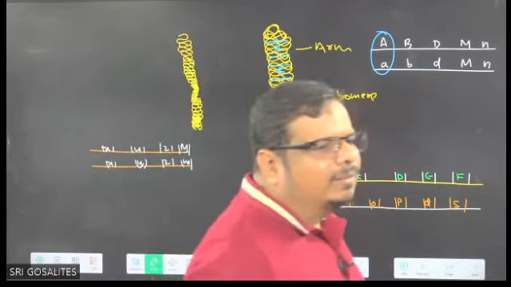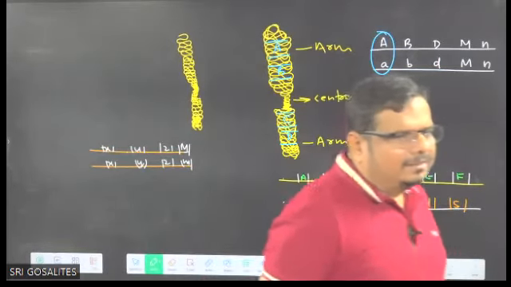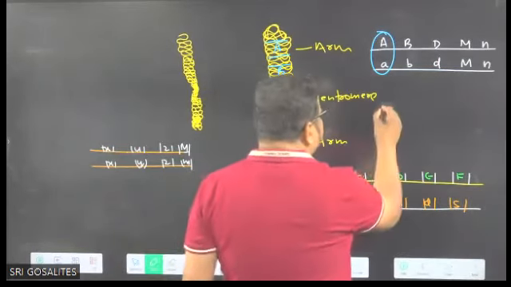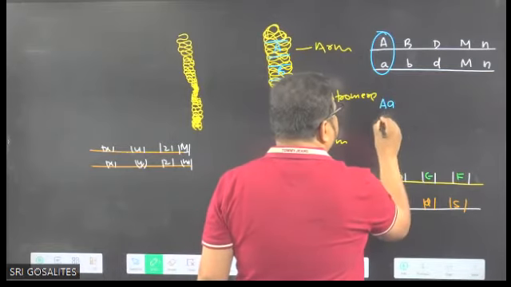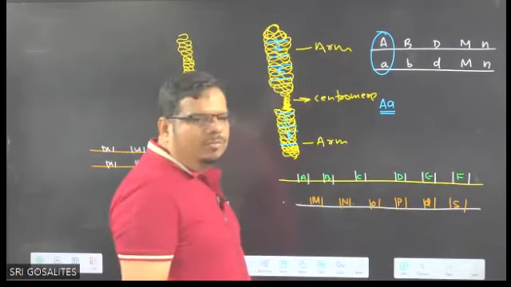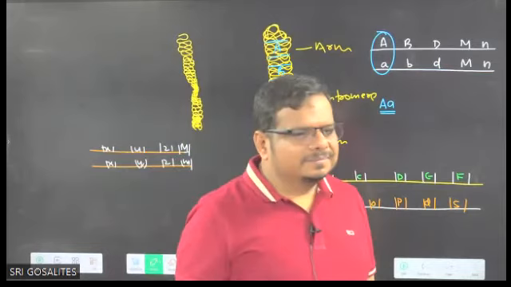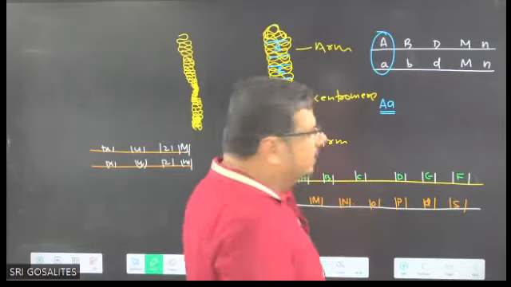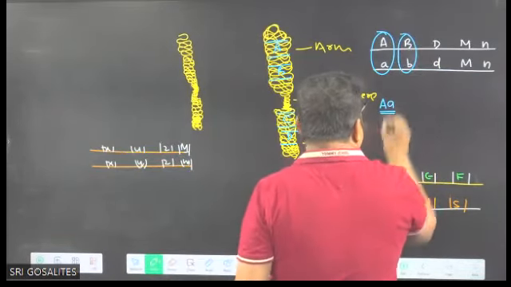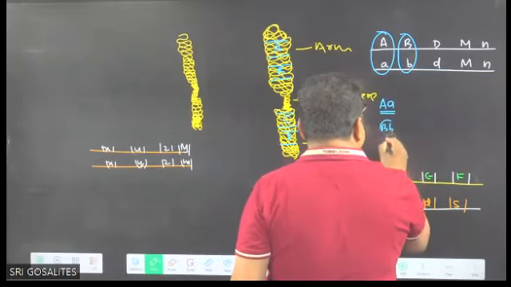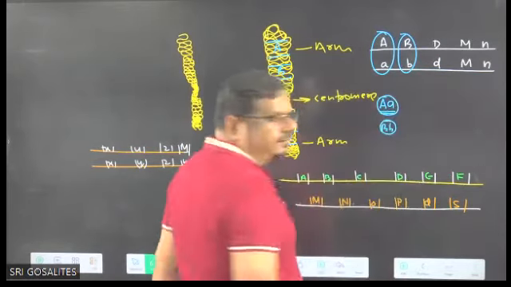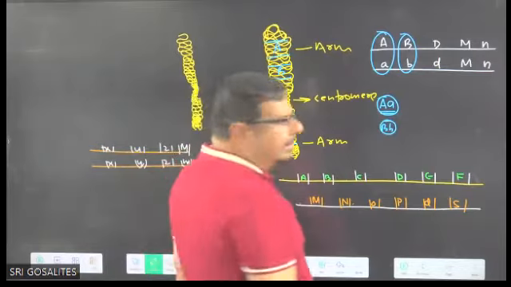So capital A, small a, in a circle. I will write it like this. Capital A, small a. Homo, hetero? Hetero. Next, capital B, small b, homo, hetero? Hetero. Very good.